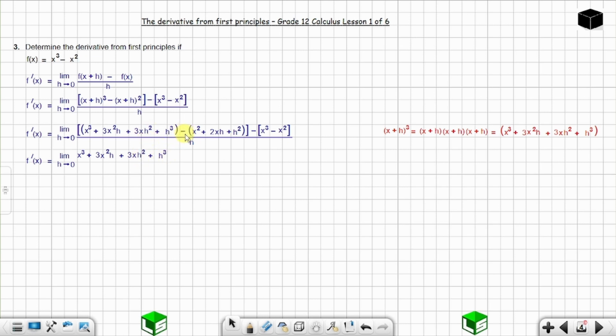You have minus in front of this bracket, so you are going to have minus x squared minus 2xh minus h squared. You have minus in front of this bracket, so you're going to have minus x cubed plus x squared.